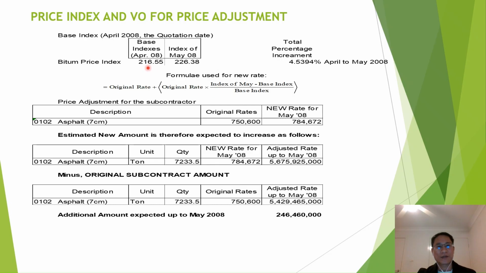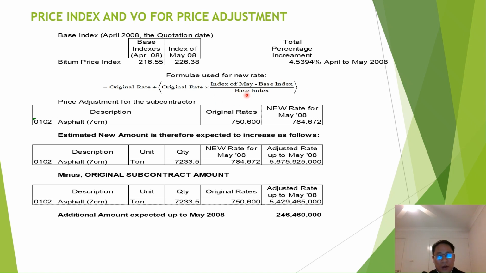The formula used for the new rate is equal to the original rate plus original rate times index of May minus base index, divided by base index, and the calculation of the adjustment increment is 4.5% if we refer to this calculation.